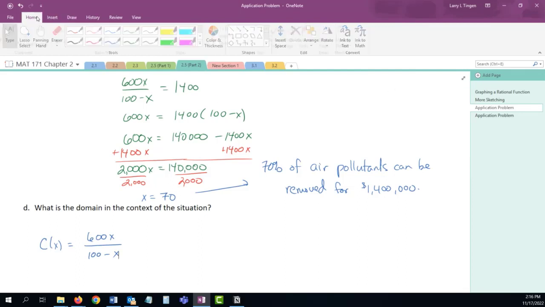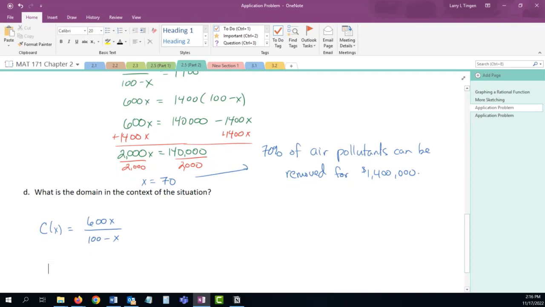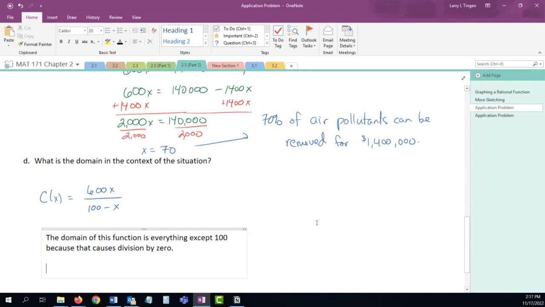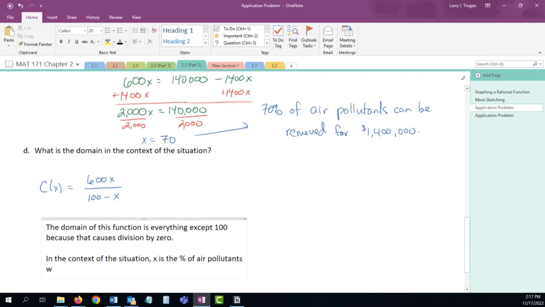However, for this question, let's come down here and type: if the domain of this function is everything except 100, because that causes division by 0, in the context of the situation, x is the percent of air pollutants we remove from the coal-fired power plant.